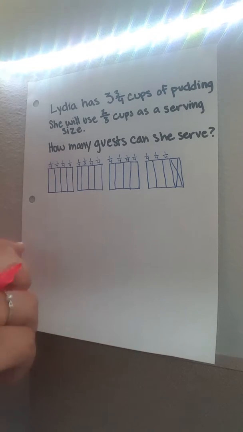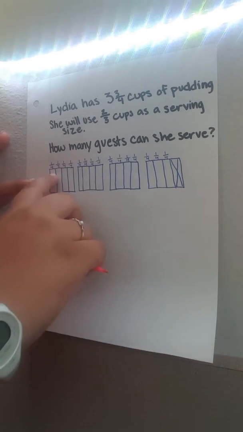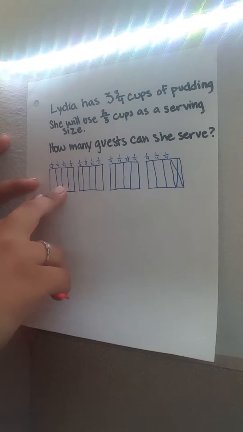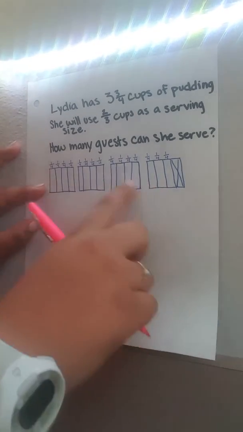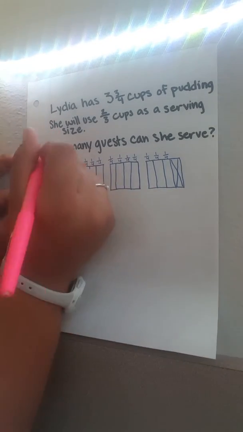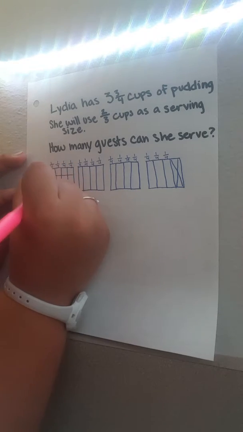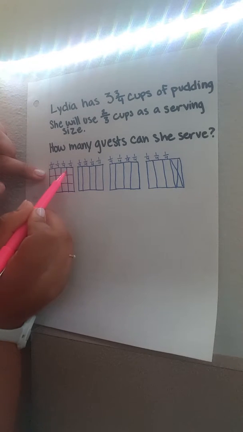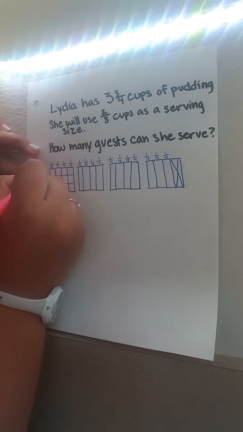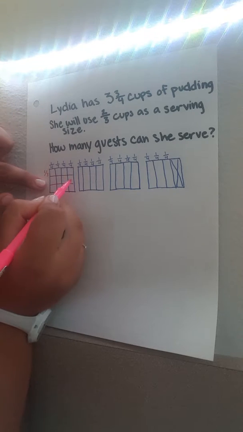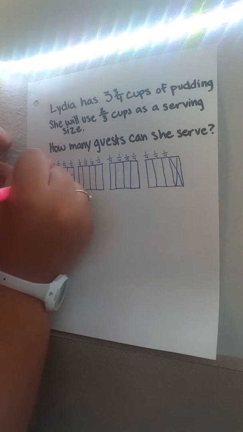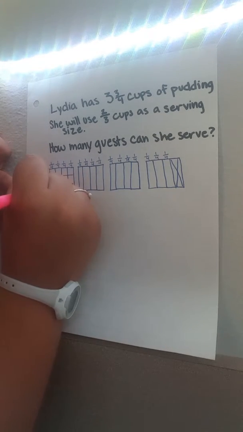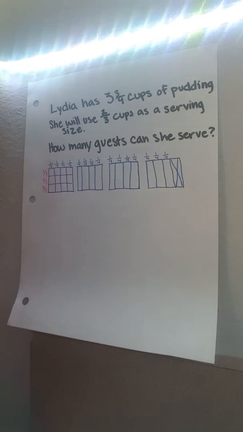So we're going to split this cup into thirds, and we're going to do that horizontally so that our lines don't get mixed up. Now we can easily see that from here to here straight across is 1/3. From here to here straight across is another third. And from here to here straight across is yet another third, because we know that 3/3 is 1 whole.